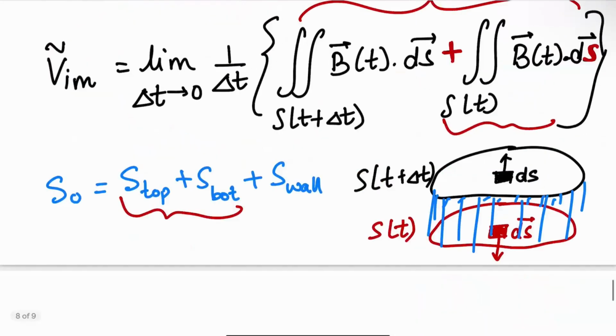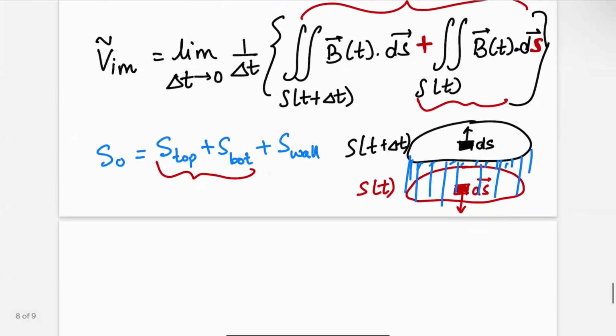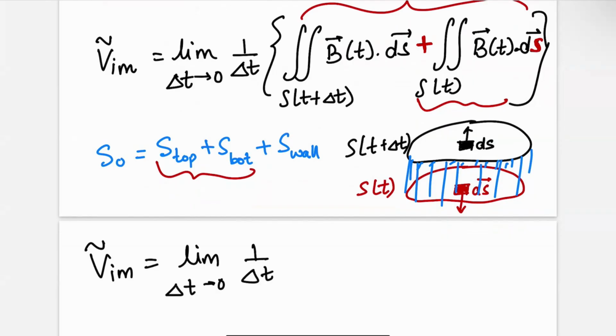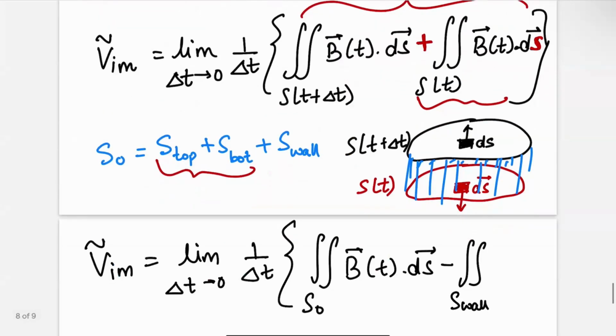So I can write V_IM as the limit as delta t goes to 0 of 1 over delta t of the integral over the entire surface of B of t dot dS, minus the integral over just the wall. If I take the entire surface and remove the wall contribution, that just gives me the top and bottom surfaces.